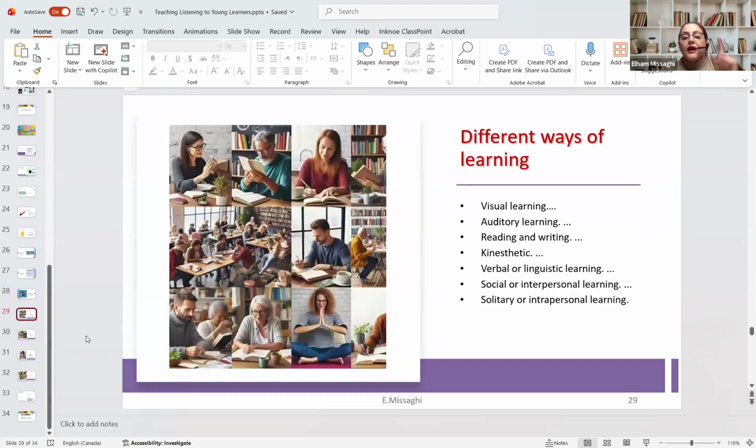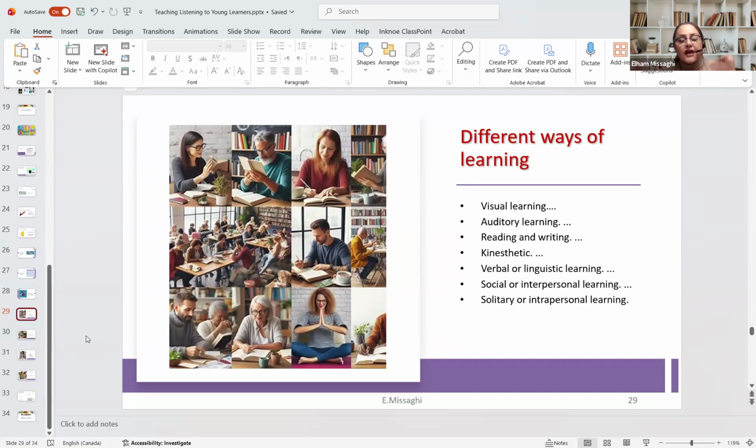Another important point when you write your lesson plan: remember our students have different ways of learning. So what do I prepare for visual learners? What do I prepare for auditory learners? Enough activity, like pair work, so they can discuss and talk.